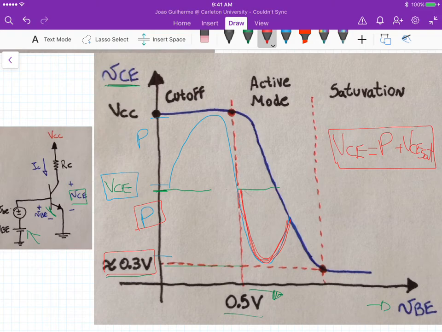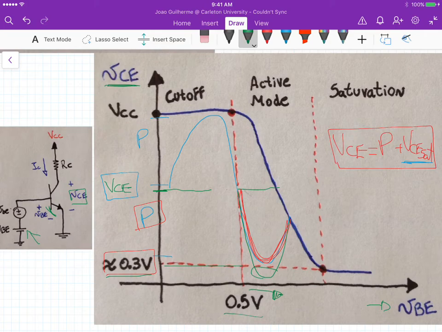Because if we don't have VCE equal to P plus VCE SAT, suppose we don't consider this VCE SAT, eventually this negative cycle will cross this red line down here.